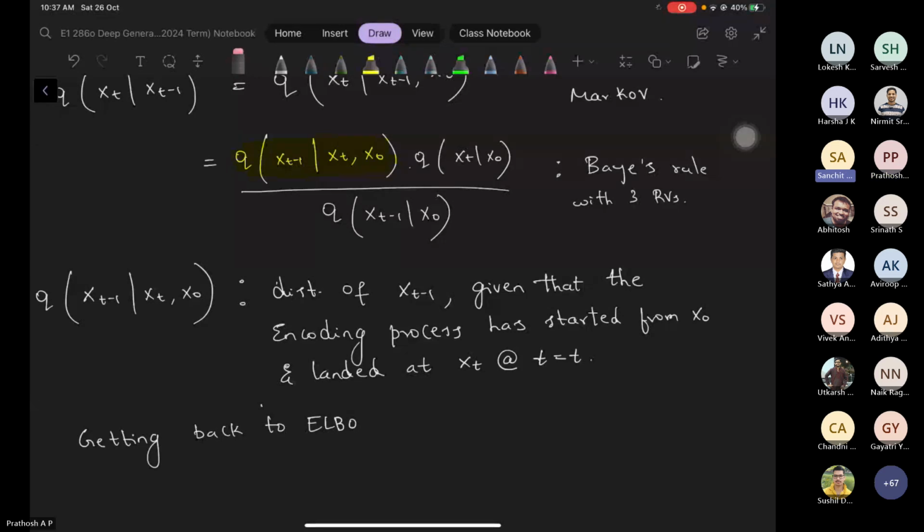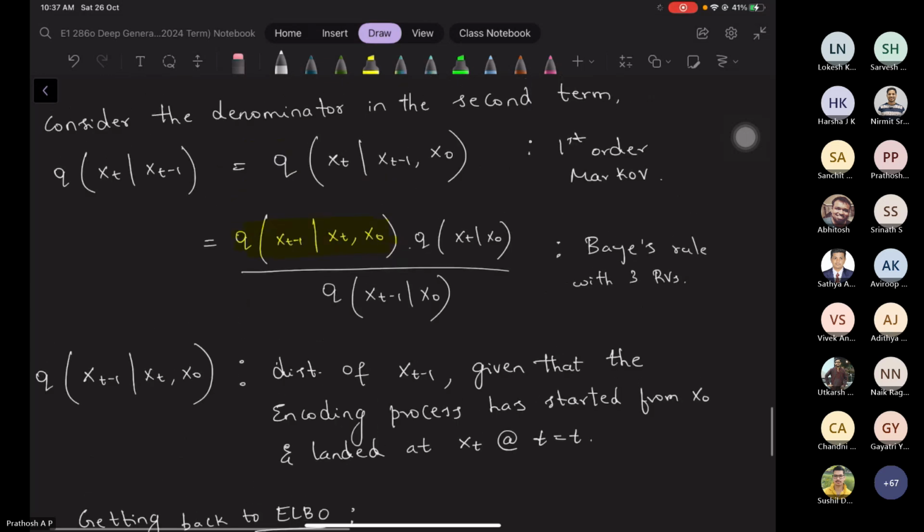I'm saying if we did not include the x naught term, then also we could have come up with this backward distribution q of xt minus 1 given xt. No, you can't. Because then you will have marginals.